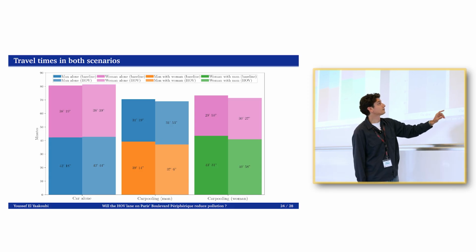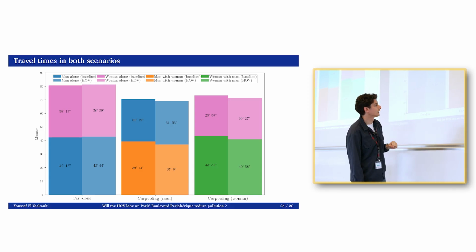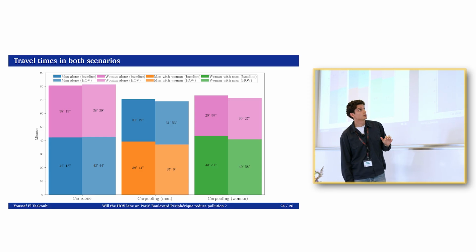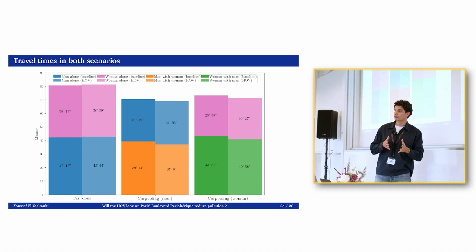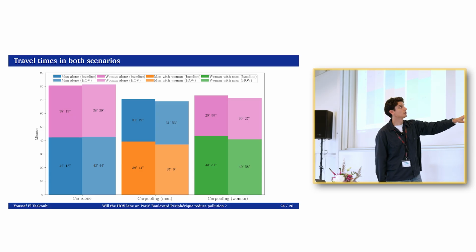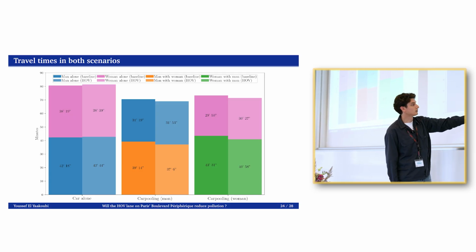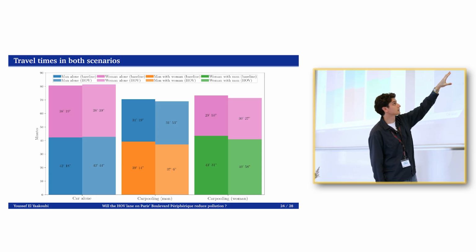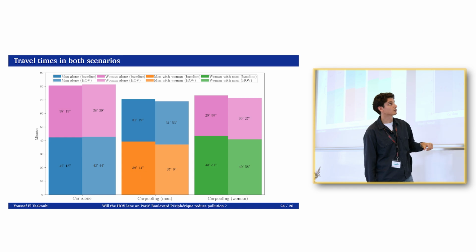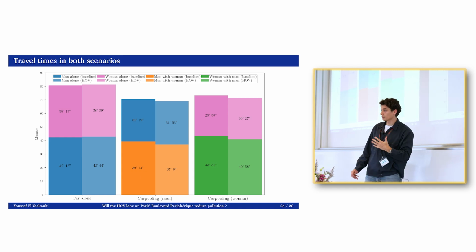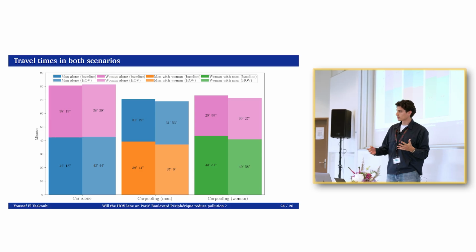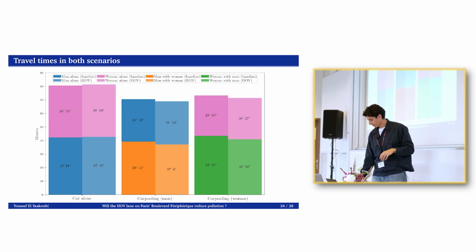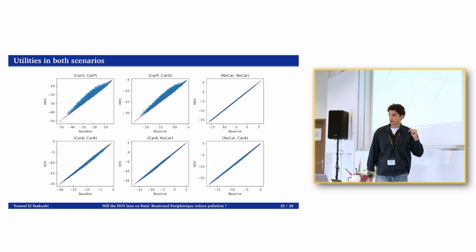For the carpooling, because this lane will be more free, you can see that the travel time will decrease slightly also, and in this one also. So we expect from our model to increase the utility of those modes that are the carpooling modes. That's what we observed.